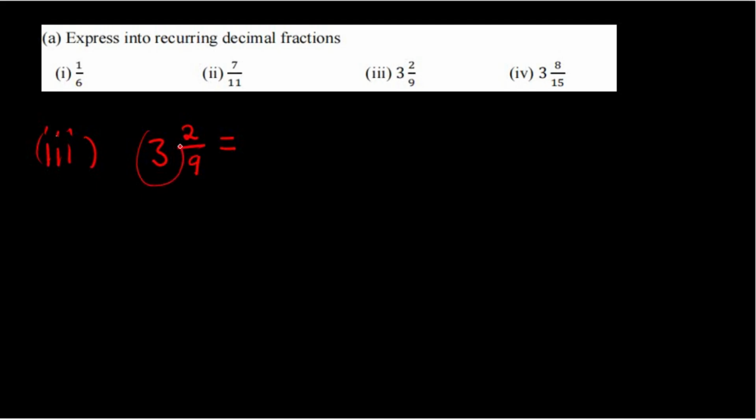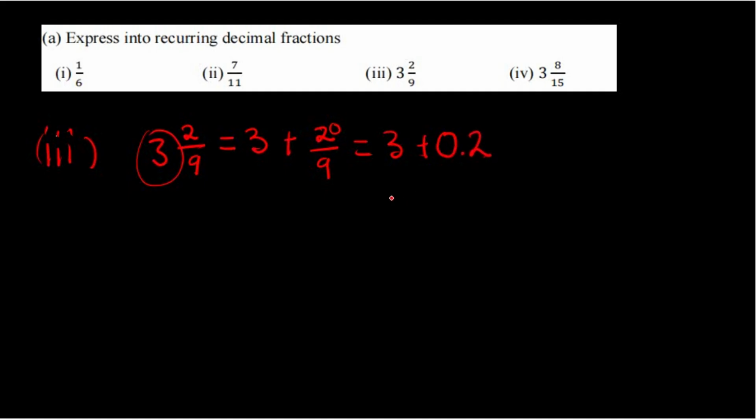So take this number as the whole number. You just say 3 plus 2 over 9. Then 9 into 2 is 0, which is 20 like that. So it will be 9 into 20.